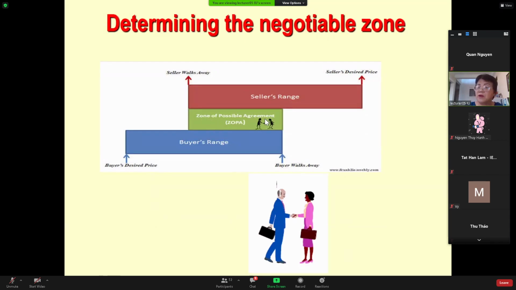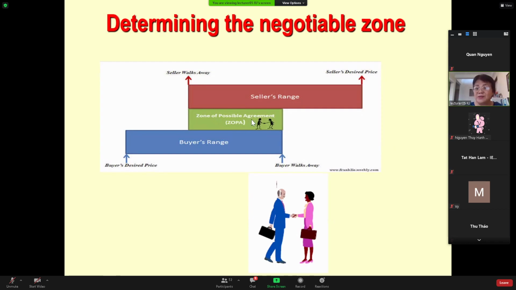zone of possible agreement. So if you are a good buyer, you buy it somewhere here. Okay? If you are a good seller, you sell it somewhere here. So this is the zone that will show you the competency with which you can reach agreement.